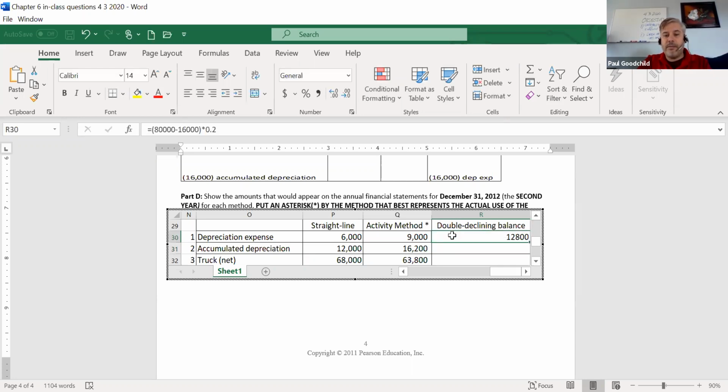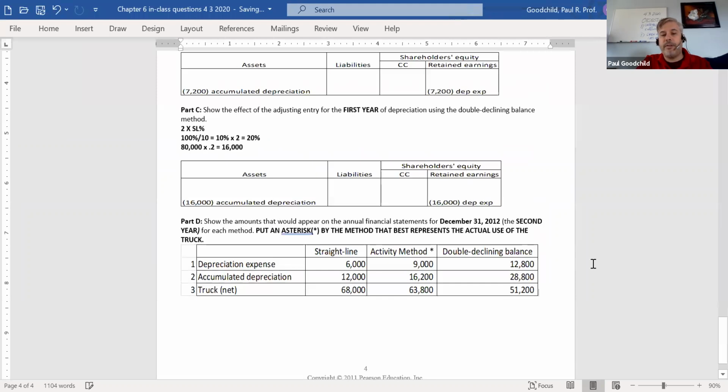And so that gives us 12,800. Our accumulated depreciation equals the 16,000 plus the 12,800. So we get 28,800. We take the 80,000, subtract out the 28,800, and we get a book value of 51,200.